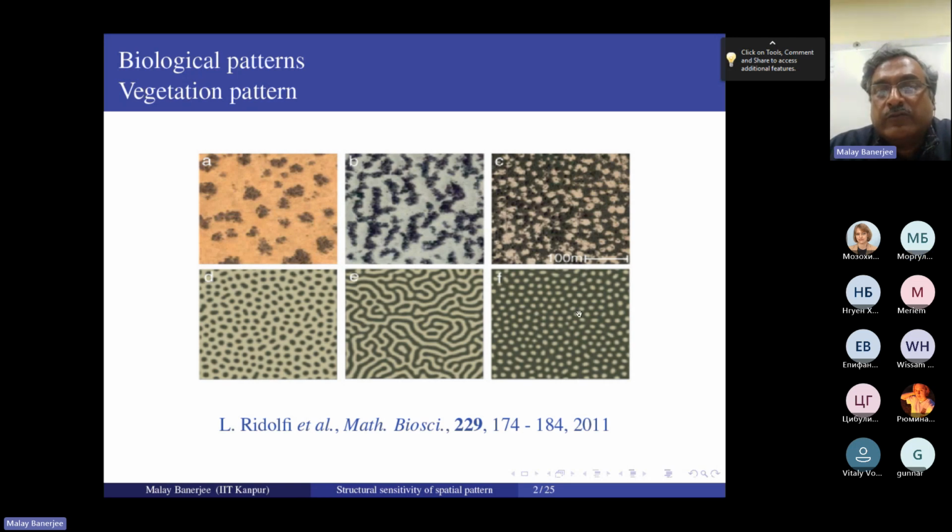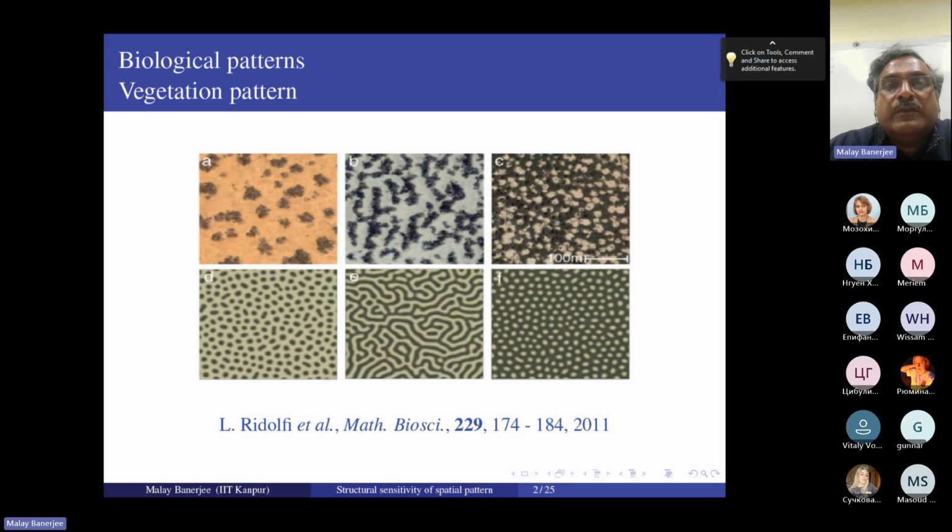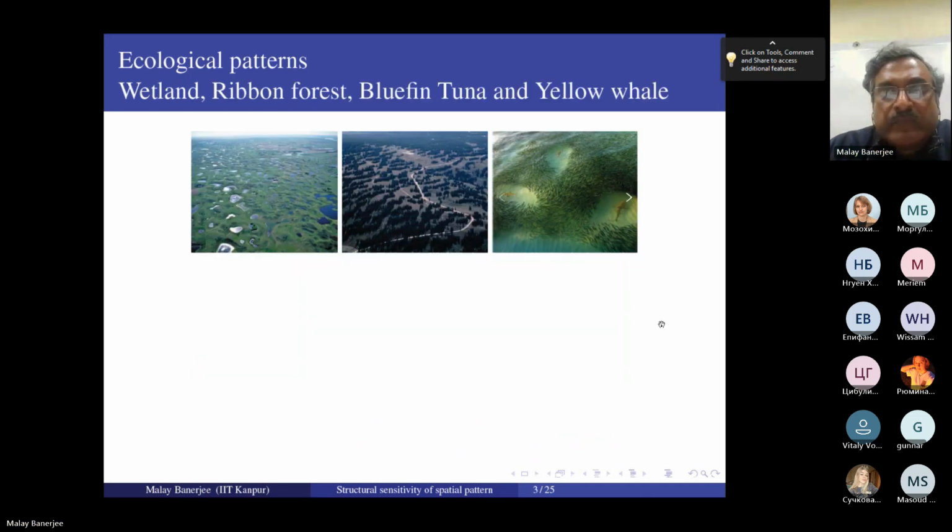So that is why it is called a cold spot pattern. In between you will find this labyrinthine pattern, and I will explain with the help of Turing instability and the Turing bifurcation diagram in which domain we can have this kind of pattern.